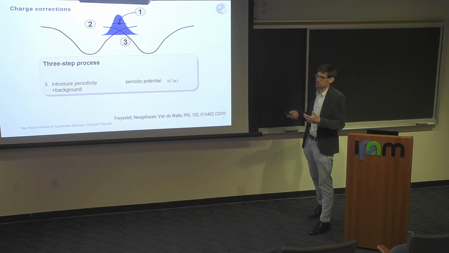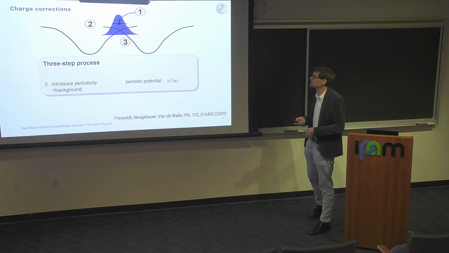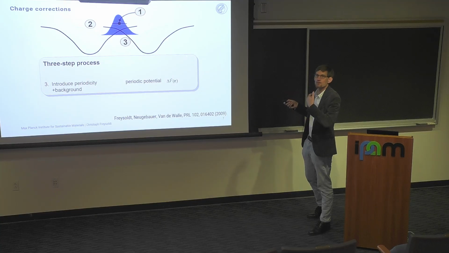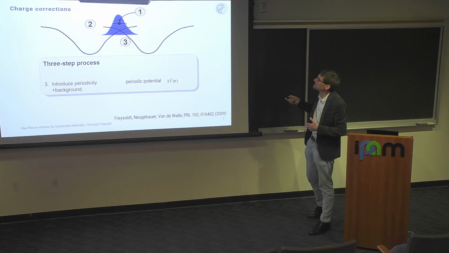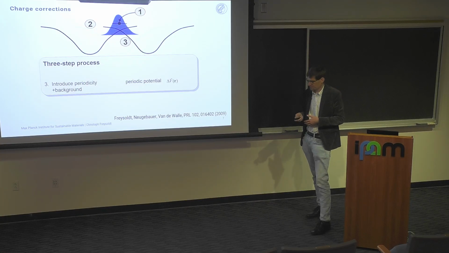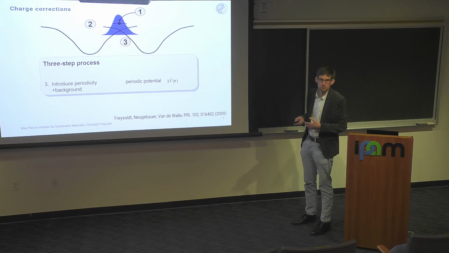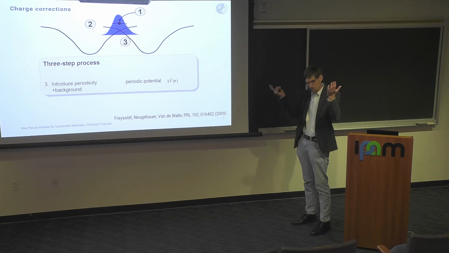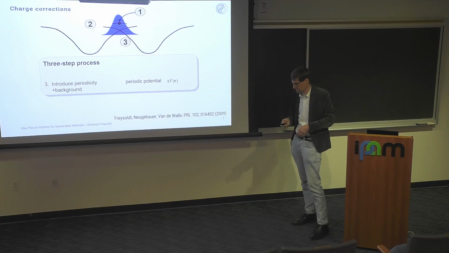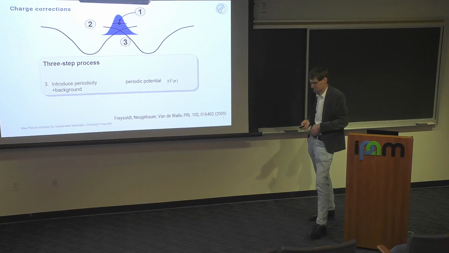In principle, we can correct for this artificial effect by subtracting the contribution of the repeated images from the periodic potential that we have, leaving the effect of the single potential. In practice, it's a bit difficult because we actually do not know this isolated potential, because the only thing that we can see is the periodic superposition of those potentials.